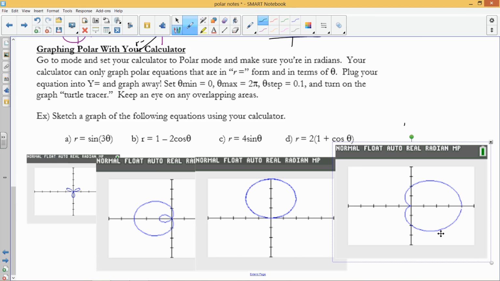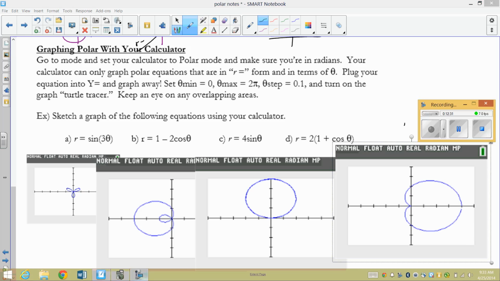And I always say it's an asteroid because it kind of looks like a sideways butt, but you know, that's high school humor for you. So, cardioid, circle, loop-de-loop thing, and we got some rose petals over here. There's graphing polar, and we are done with polar notes, page 2.